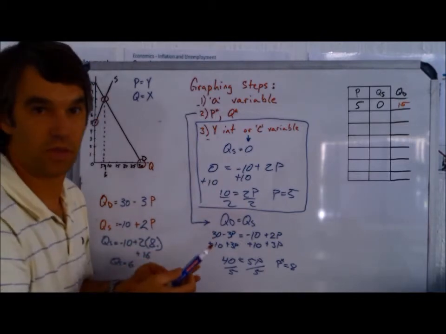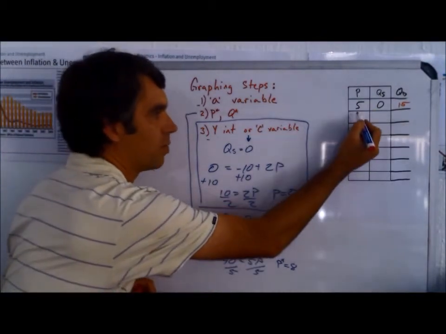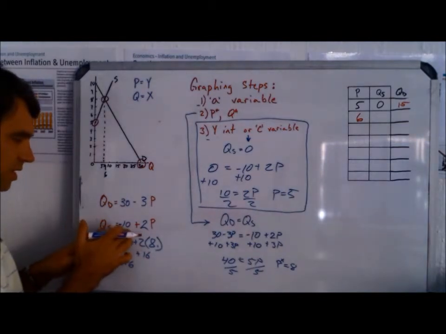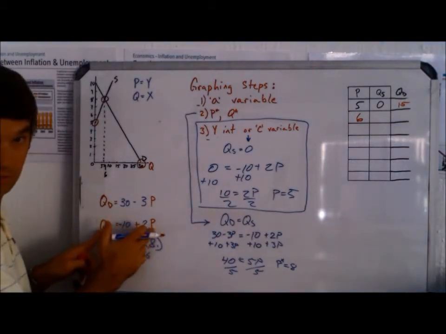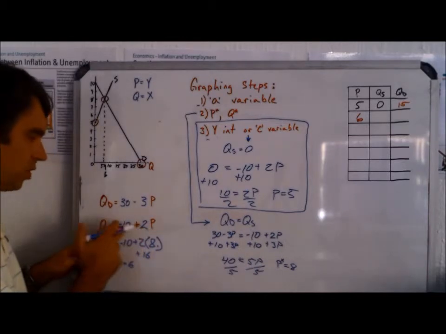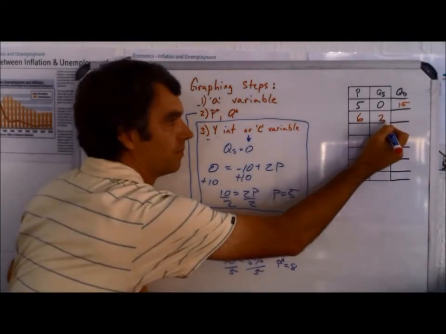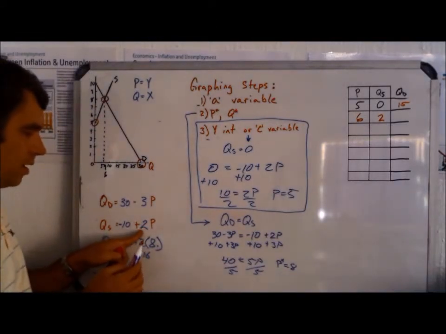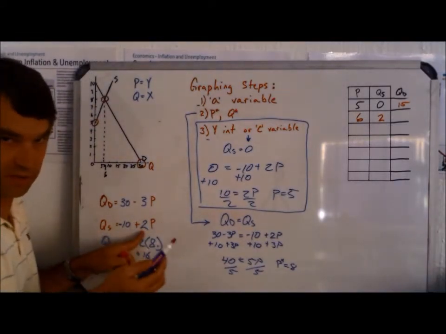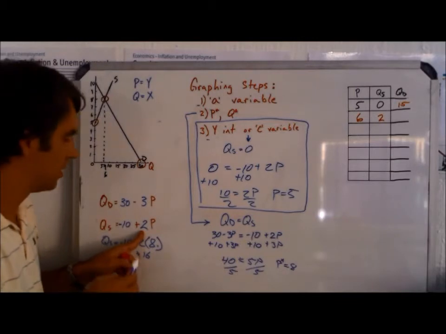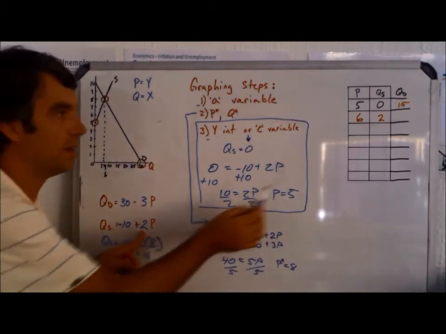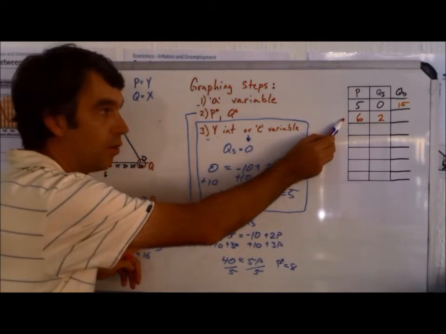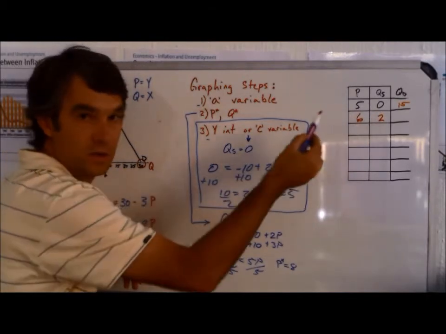Well, so let's keep moving the price up and see what we find. What if we put price at 6? Well, quantity supplied equals negative 10 plus 2 times 6, which is 12, so 12 minus 10 is 2. Remember, that's where we see our d coefficient, the coefficient of p. So remember, this is 2 over 1, so we have a rise from 5 to 6 of 1, and a run of 0 to 2, 2.